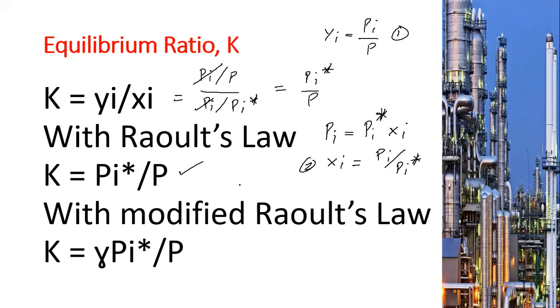So ang mangyayari dyan, P sub I, if we have modified Raoult's law, P sub I is equals to P sub I star times gamma I, tapos A sub I. Okay?